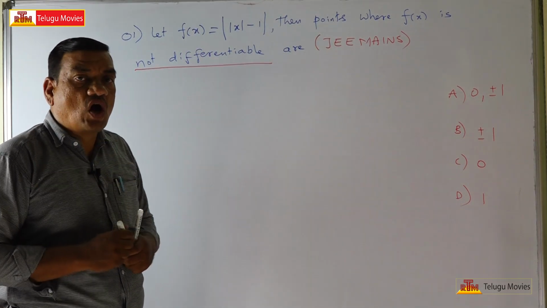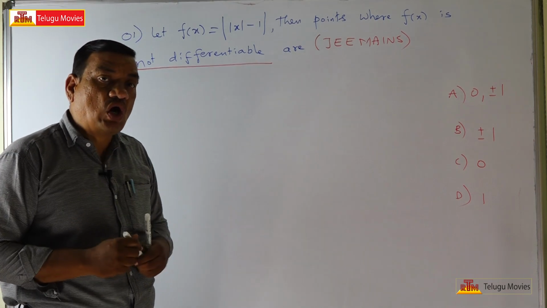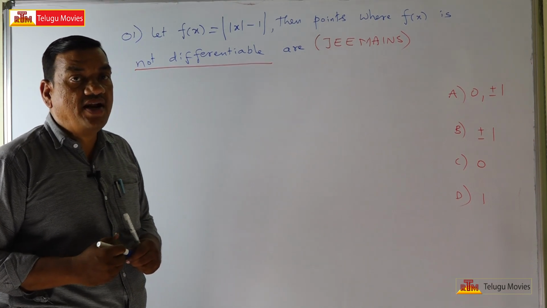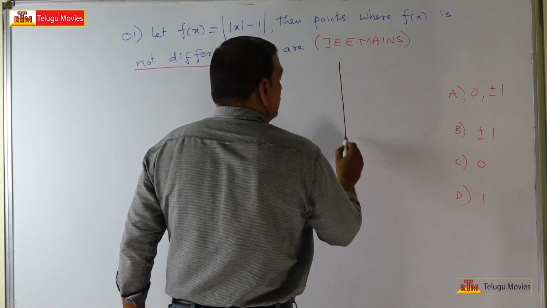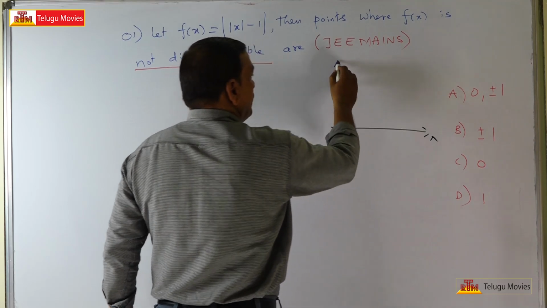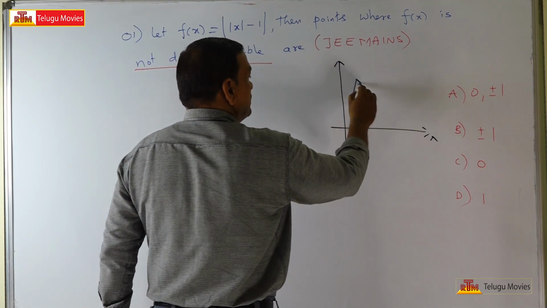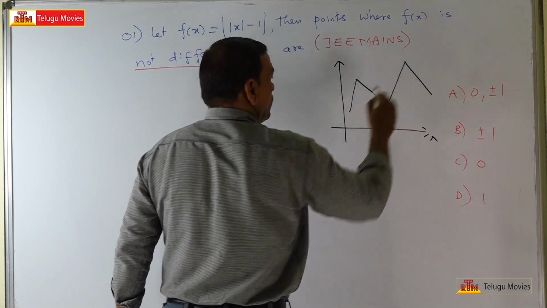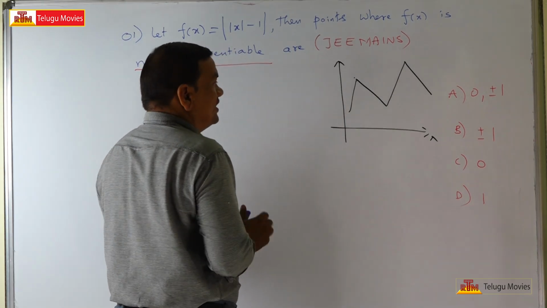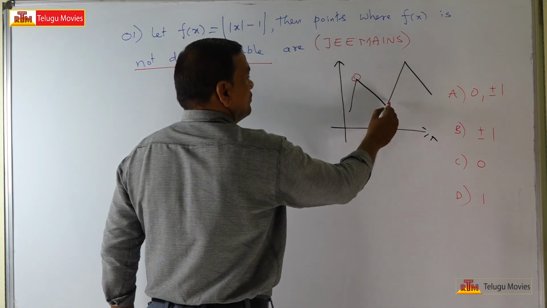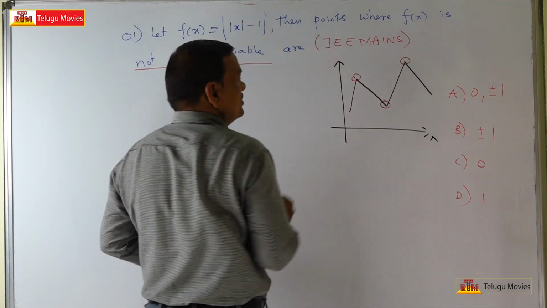If you observe the concept, the function is not differentiable when the function has sharp edges. For example, there is an x-axis and a y-axis, and there is a curve like this. At the sharp edges, and for example, here is one sharp edge, here is one sharp edge, here is one sharp edge.